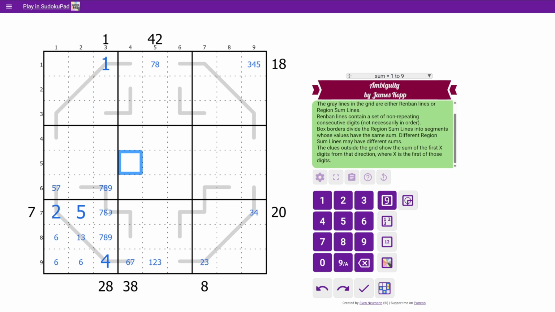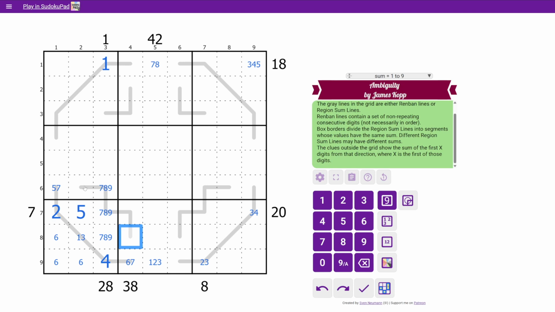Now, oh, this cannot be a region sum now. It has to be consecutive. 1, 2, 3, 4, 5. And it has to have a 5 on it.